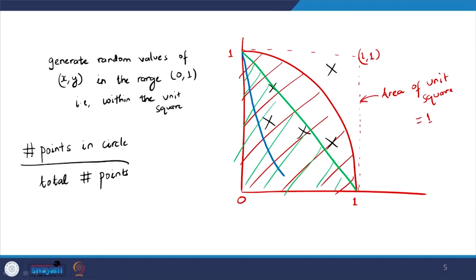You can also imagine a smaller area. Let us say we look at the area within this, that means I am interested in the area in the blue regime. Clearly, if I throw the same number of points, it is even less likely to land within the blue regime.